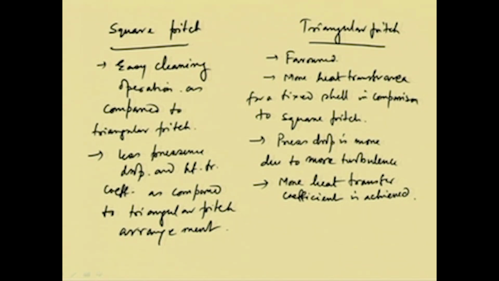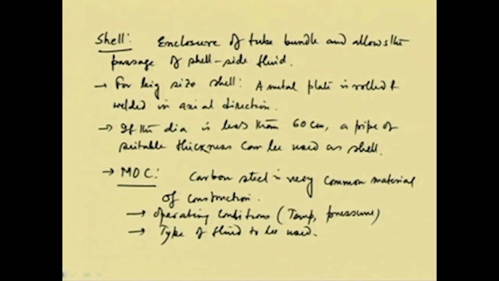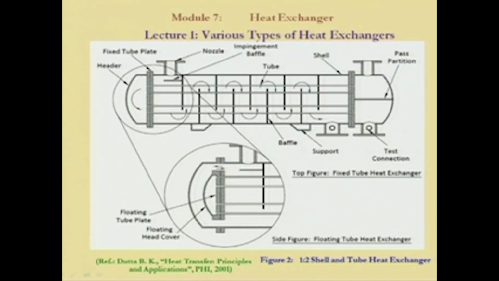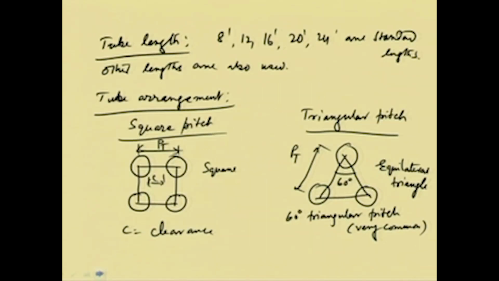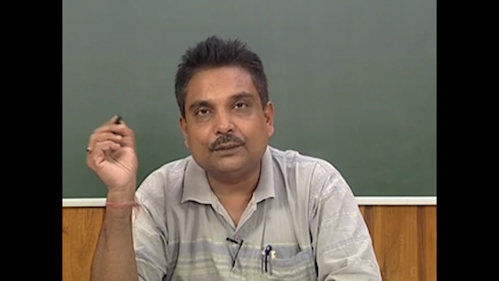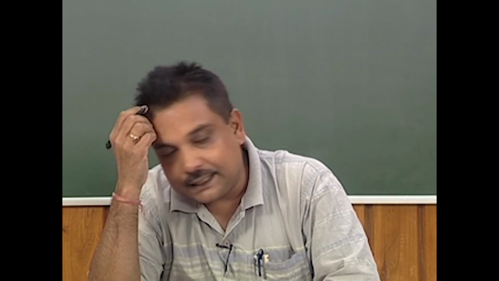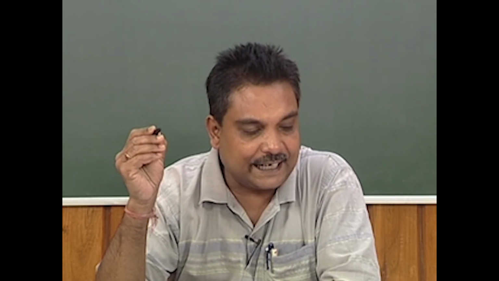Okay. Now, the next important point is how the tubes are fixed in the shell. If you see, the tubes are inserted into what are called tube seats. So, tubes are placed in the tube seat. So, you have certain holes in the tube seat, through which the tubes are placed. Okay.